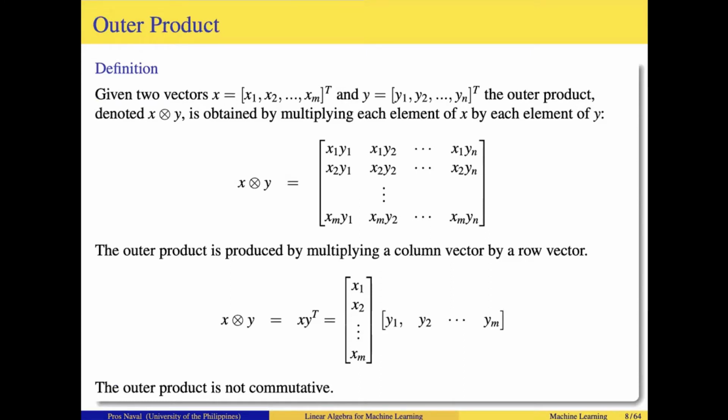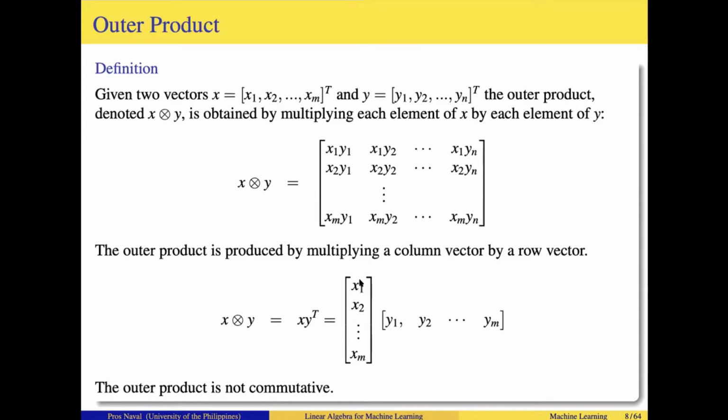The outer product. Given two vectors x and y, the outer product, denoted this way, is obtained by multiplying each element of x by each element of y. The result of the outer product operation is this matrix. So the outer product produces a matrix. The inner product produces a scalar. The outer product is produced by multiplying a column vector by a row vector.